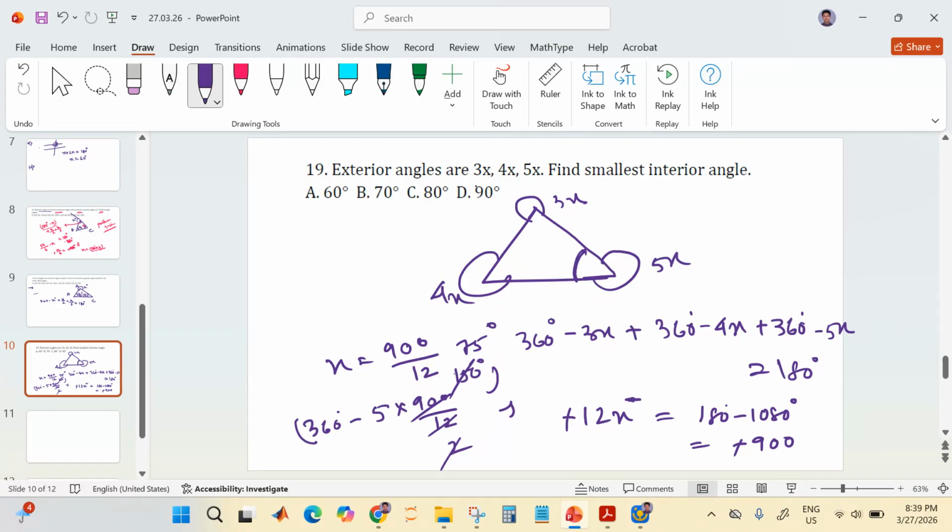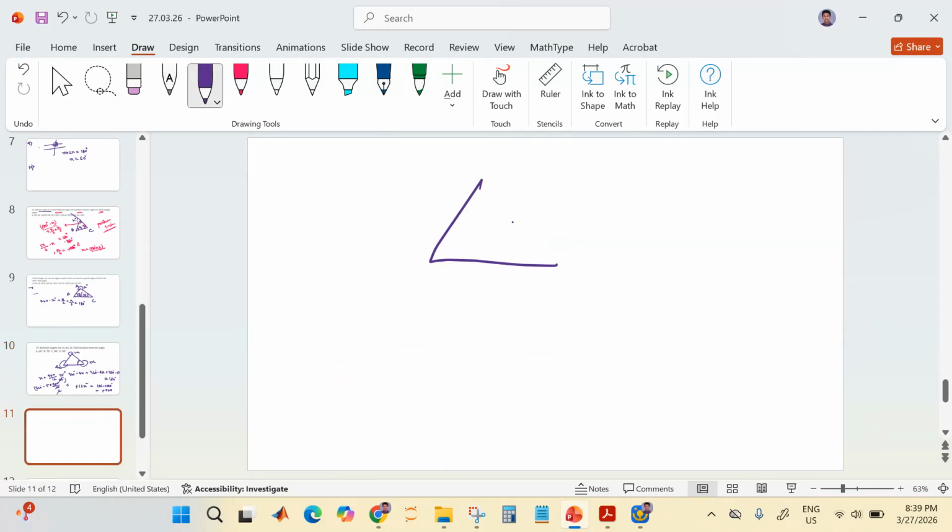And if I consider it is a linear exterior angle, then what happens? I am just checking it, since it is not clearly mentioned. If we draw this, this is 3x, suppose this is 4x, and this is 5x.